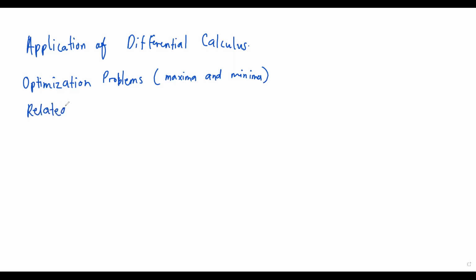Next, we have what we call related rates naman. Itong related rates na to, hindi lang to nakafocus sa speed. Lahat ng rate, rate of change, yung pag-decay ng bacteria, carbon dating, tapos yung pagbabago ng volume, pagbabago ng radius, and so on.